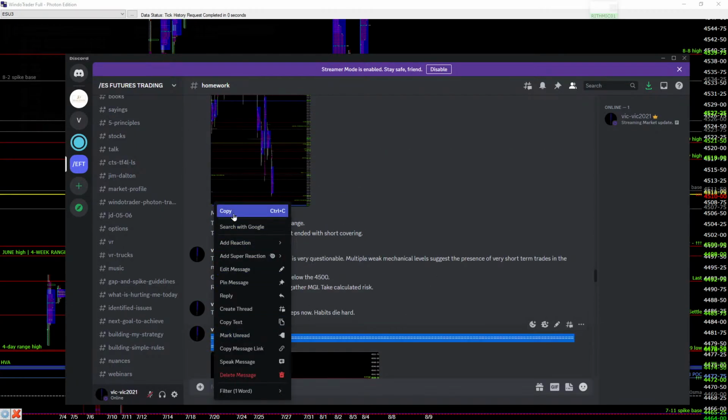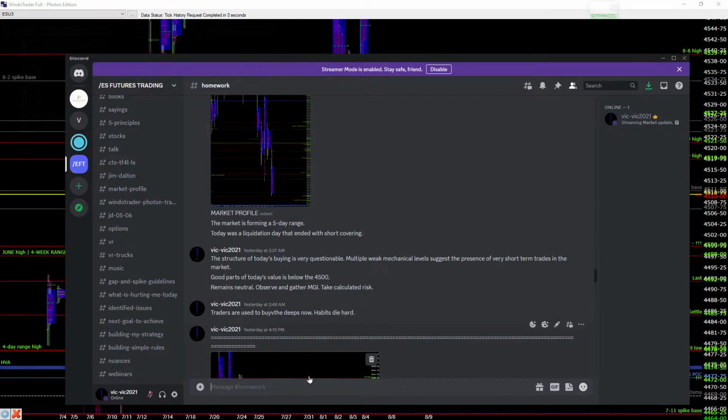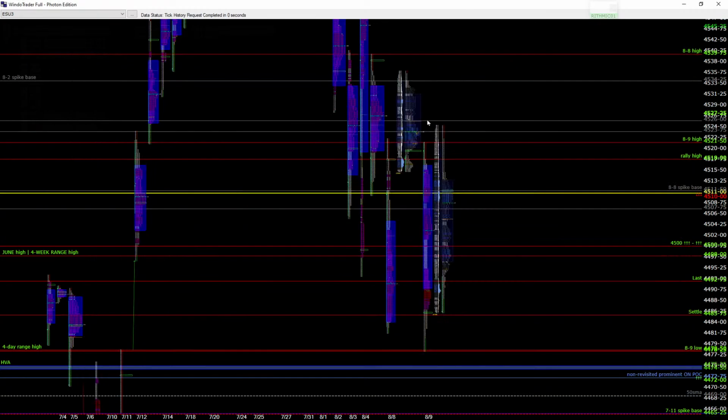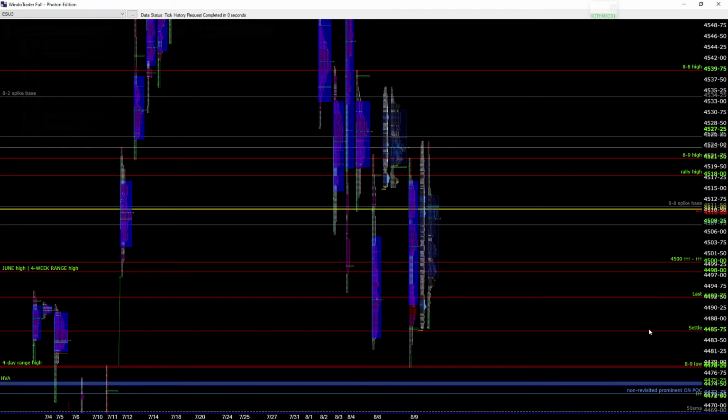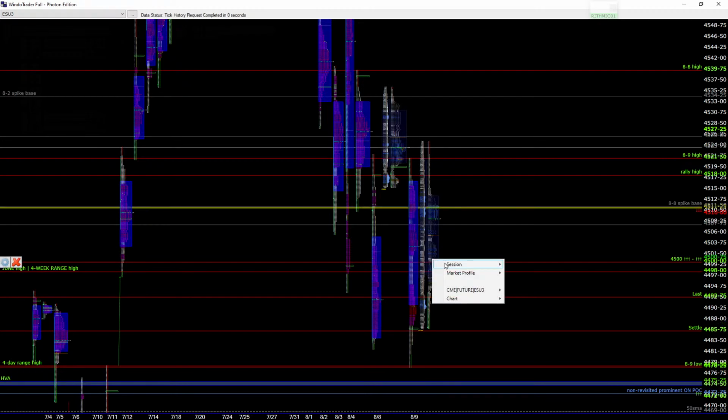This is the beginning of a new day. What's happening with overnight inventory here? Overnight inventory is 100% long. There is some rebalancing here.